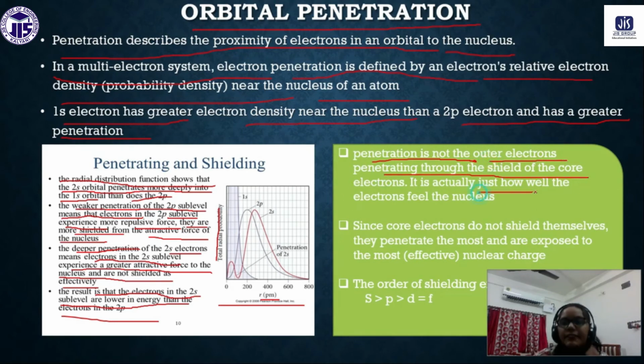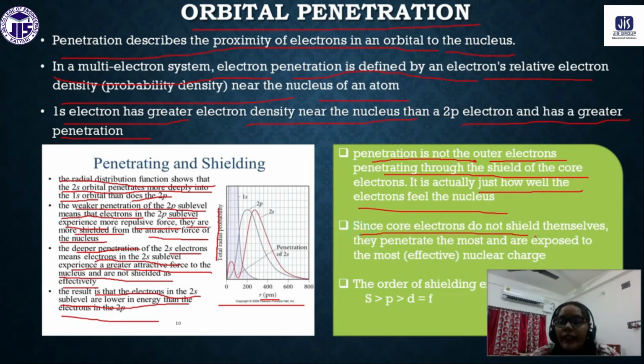It is not that the outer orbital electron is shielded by the inner orbital electron. Penetration mainly means how close those orbital electrons are to the nucleus, how much they are interacting with the nucleus.